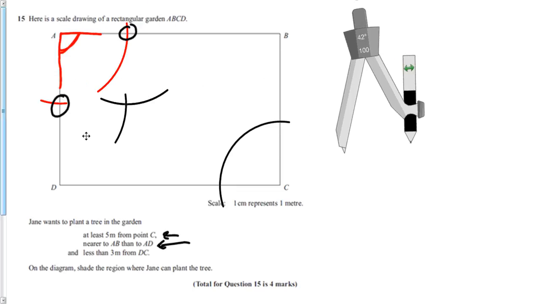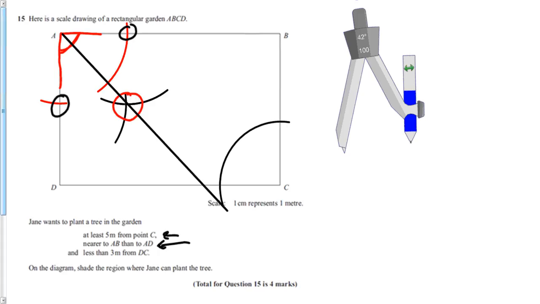Once we've done that, we've got a cross there. And from that point, we then join this point that we've just made to the starting point. Oh, that's not what I was after doing. Apologies. We join the centre here so that it goes through the cross that you've just made.